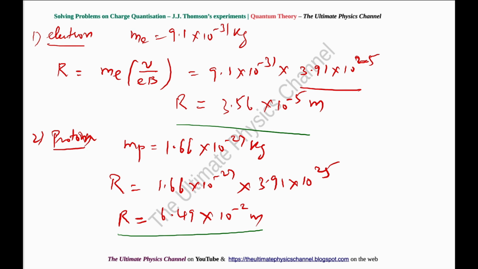In the same way we can continue to do for the other two particles, that is for the deuteron. Let me just finish it here. Deuteron.